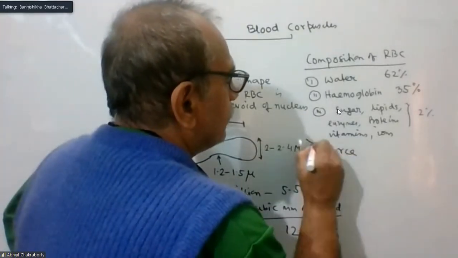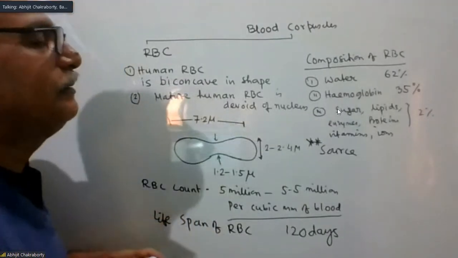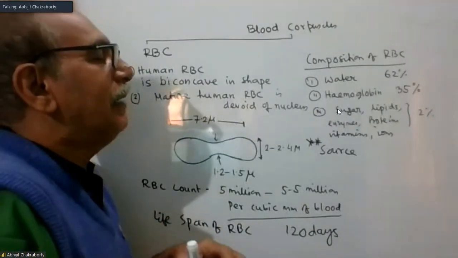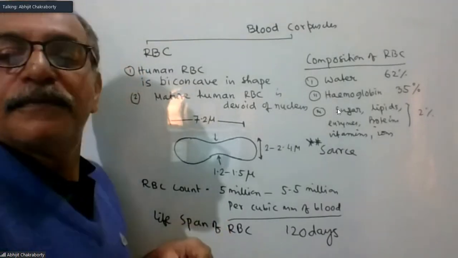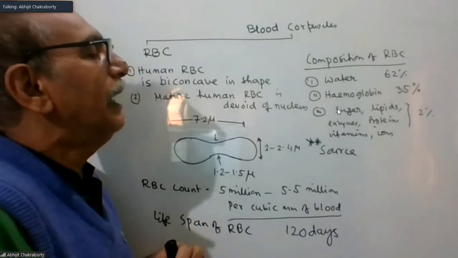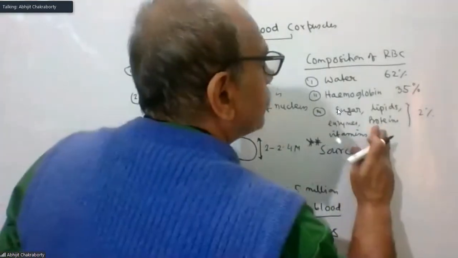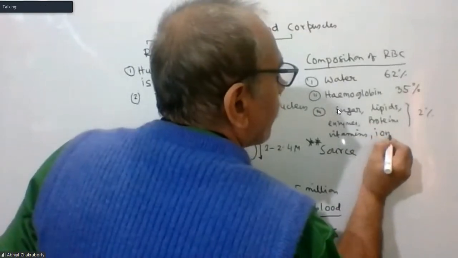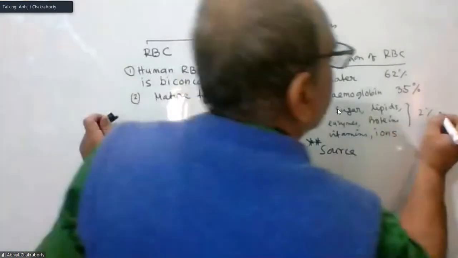So write the answer: sugar, lipids, enzymes, proteins, vitamins, and ions, 2 to 2.5%.